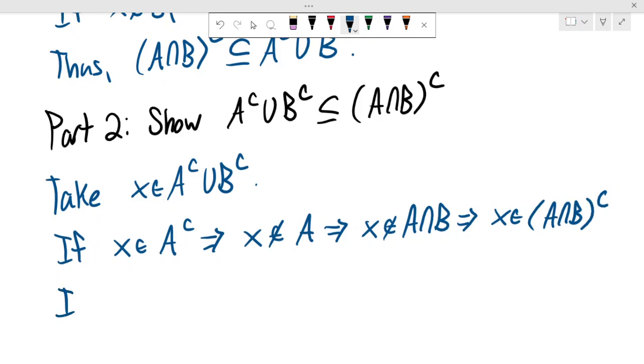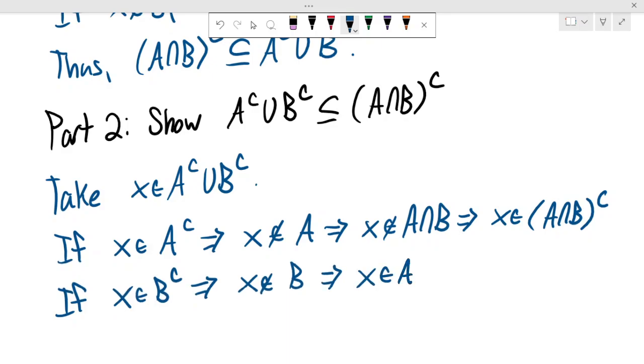We can do the exact same thing for if X is in B complement. Okay, that would imply that X is not in B, which would imply that X is not in A intersect B, which would imply that X is in A intersect B complement. And of course, if X is in both A complement and B complement, then you could just combine them and you get the same thing.